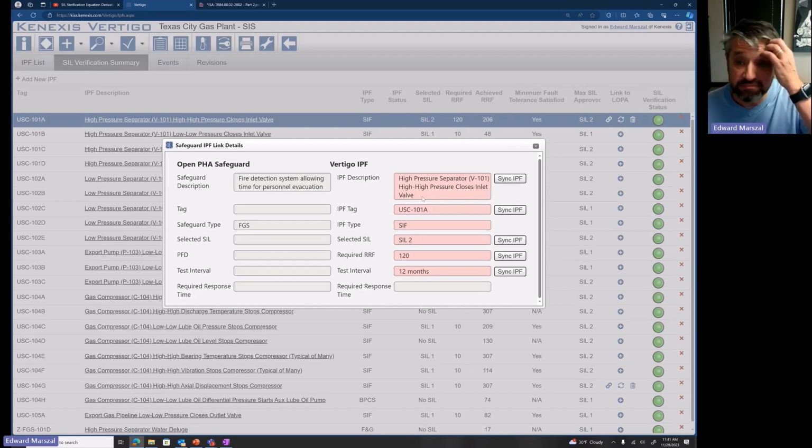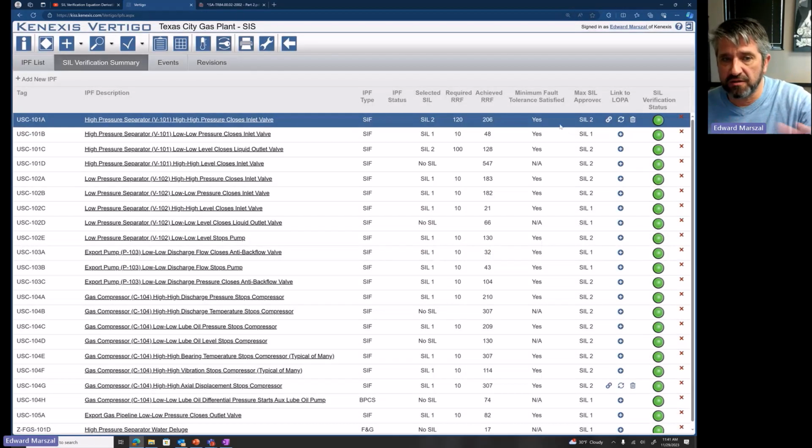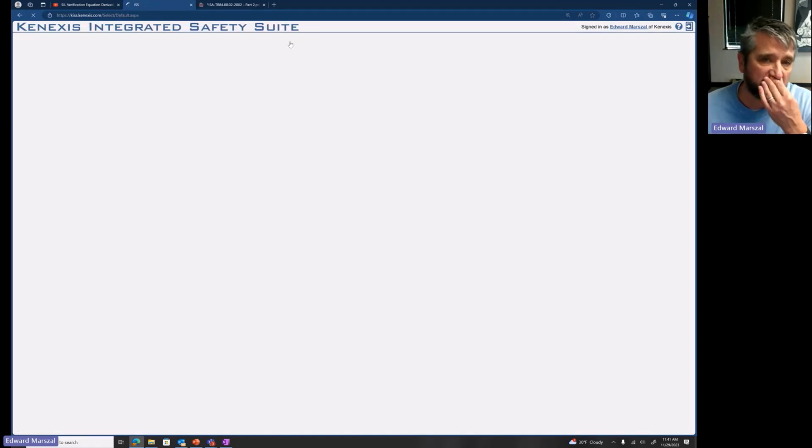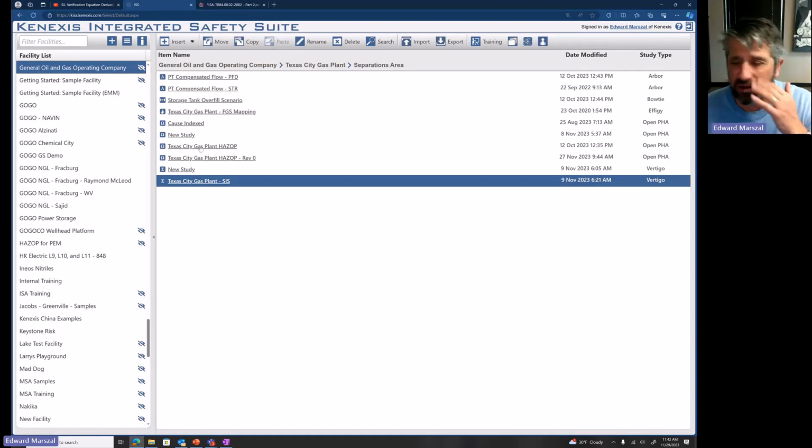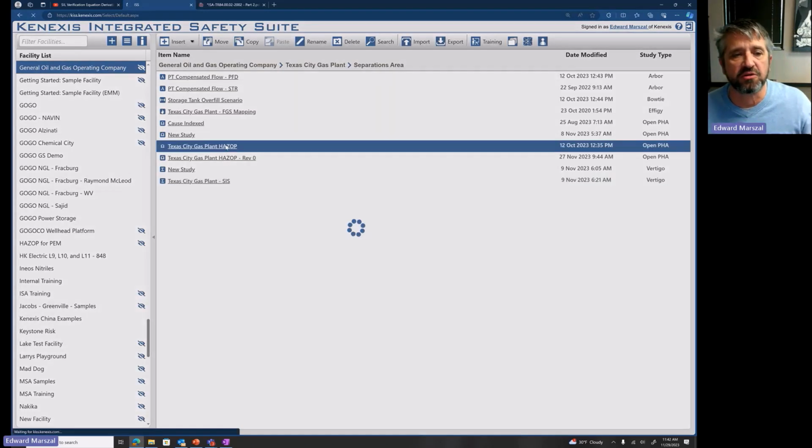Now, you'll see that this safety function is connected to an IPF. It's connected to an independent protection layer in Vertigo. So let's go into Vertigo and see what those look like. I'm sorry, let's go into OpenPHA and see what those look like.